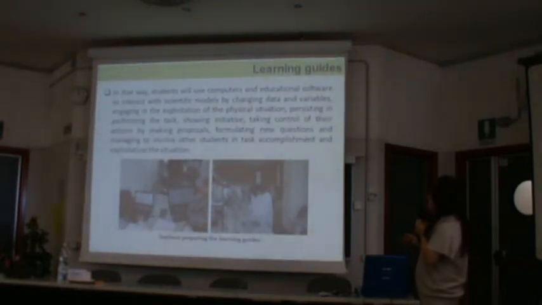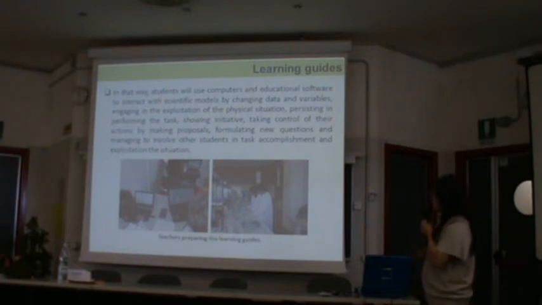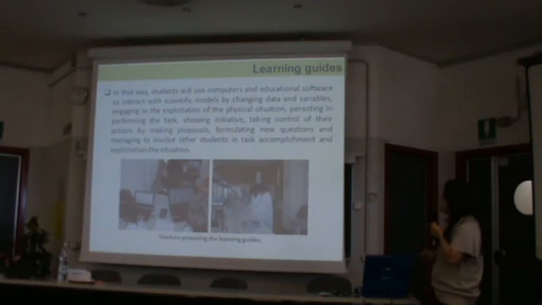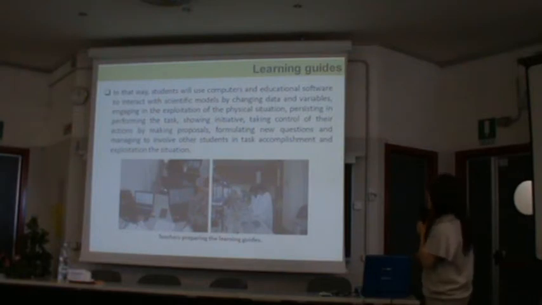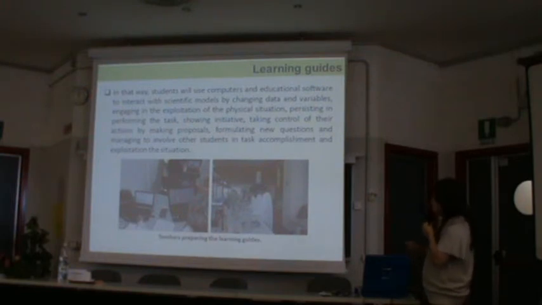In that way, the students will use computers and educational software. They will interact with scientific models by changing data and variables, engaging in the exploitation of the physical situation, persisting in performing the test, showing initiative, taking control of their actions by making proposals, formulating new questions, and managing to involve other students, that is very important, in task accomplishment and the exploitation of the situation.